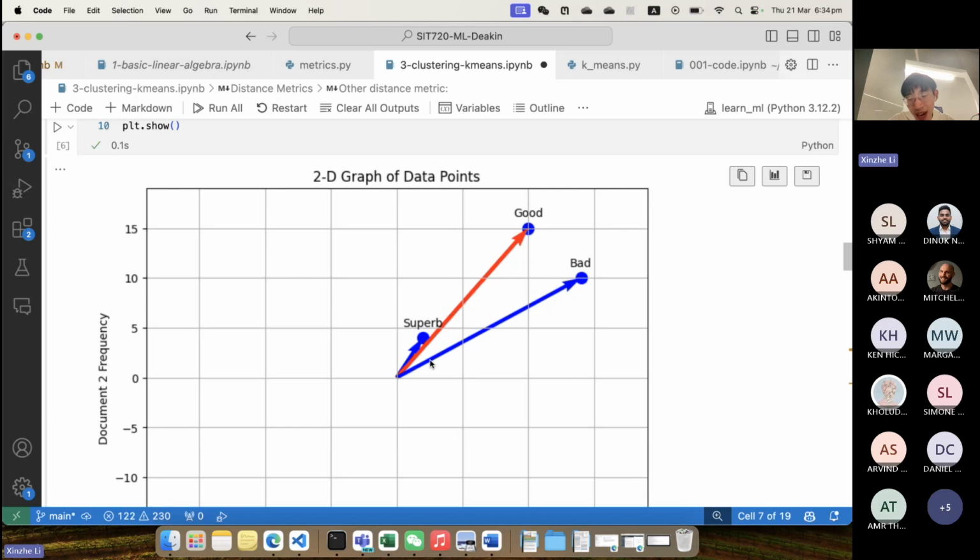So they are further away from each other compared to super and good. So that's why we need to use cosine similarity. We use that when the magnitude would stop us from finding the true semantics of this representation.